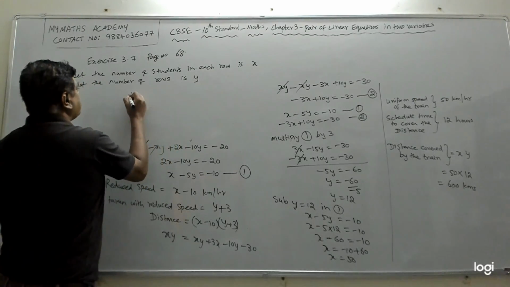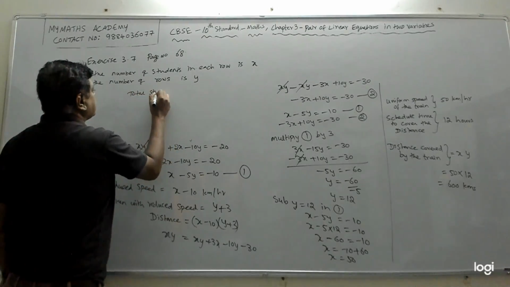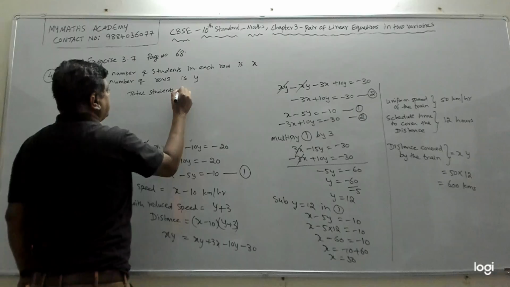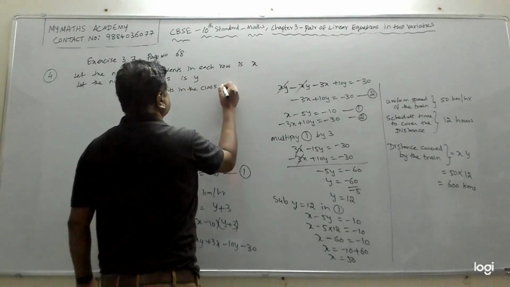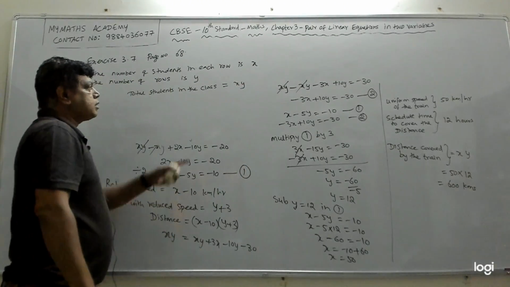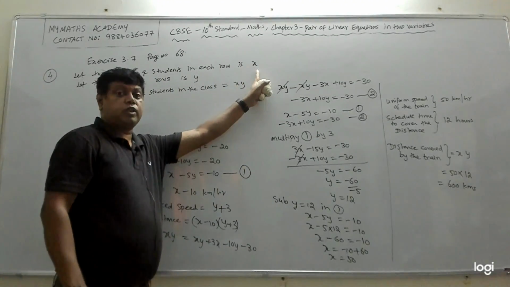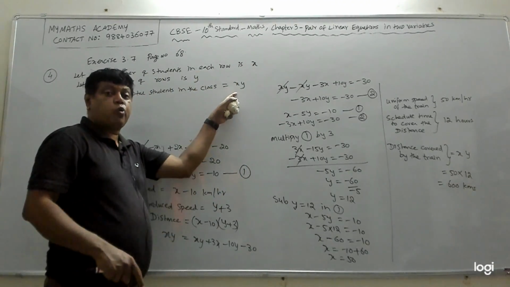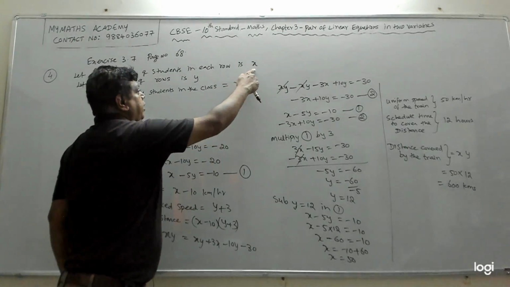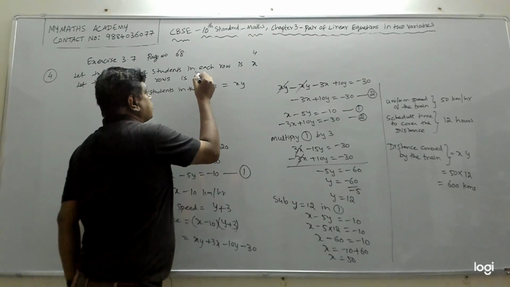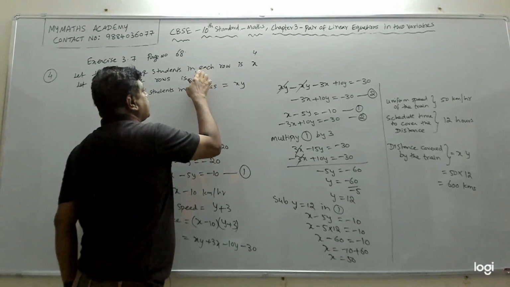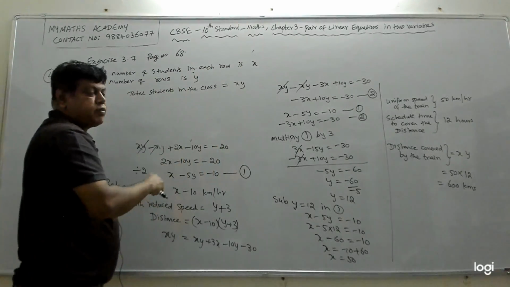So the total students in the class will be equal to x into y, xy. The number of students in one row into the number of rows gives the total number of students in the class. It's just an example I'm giving for you to understand.